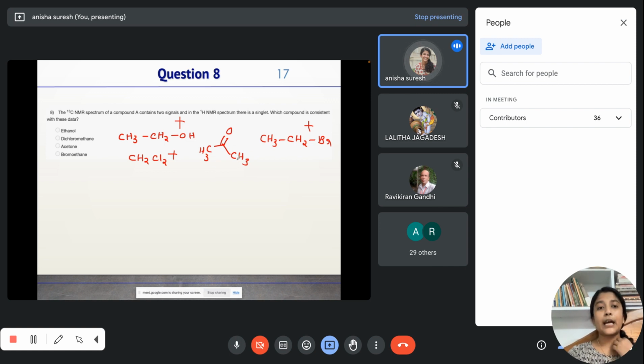In the 13C spectrum, these two carbons will come in the same region, and the C double bond O will come in the range of 150 to 200 ppm. So the data given, two signals in the 13C NMR spectrum and a singlet in the proton NMR spectrum, matches acetone. So the correct option is option C, acetone.